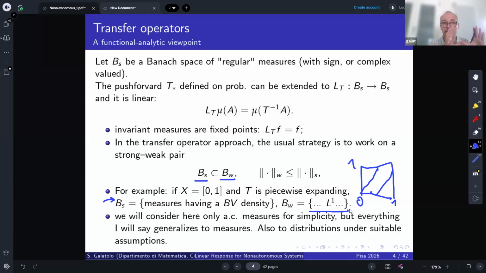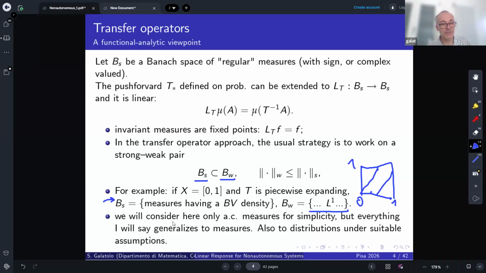So usually the transfer operator approach is this: you consider only measures having a certain regularity, you consider two Banach spaces, and you let the dynamics move measures in these two classes, and then you start playing with this operator, and you start trying to understand the functional analytic properties of the operator. You find that these operators are good.